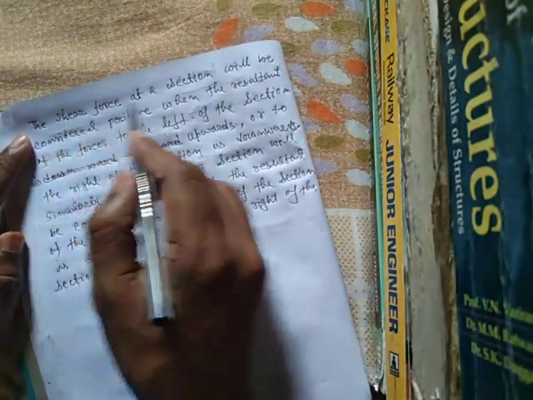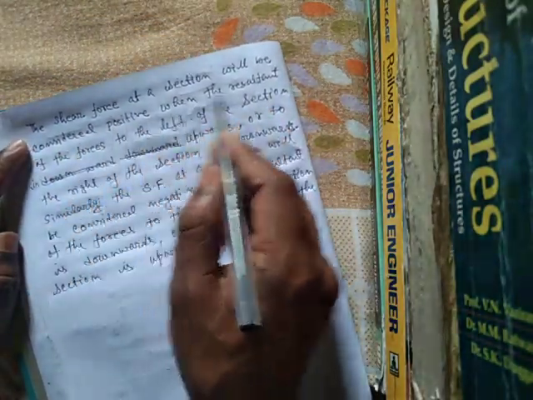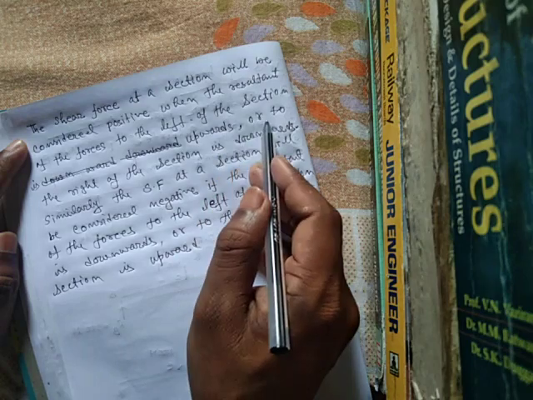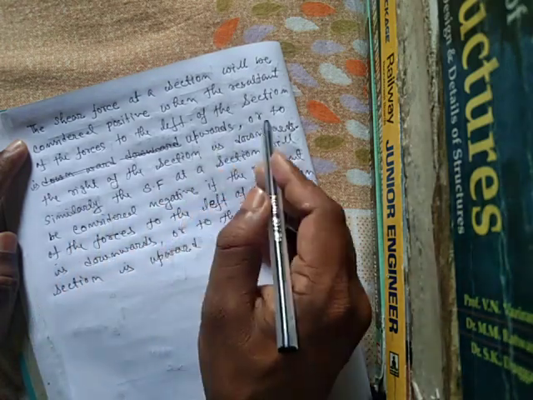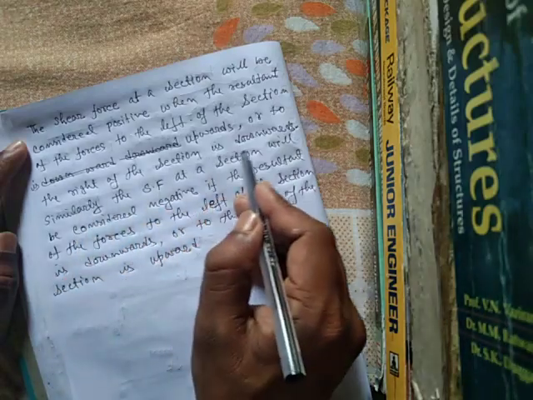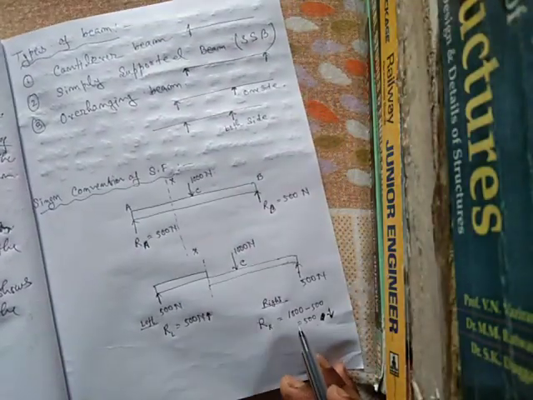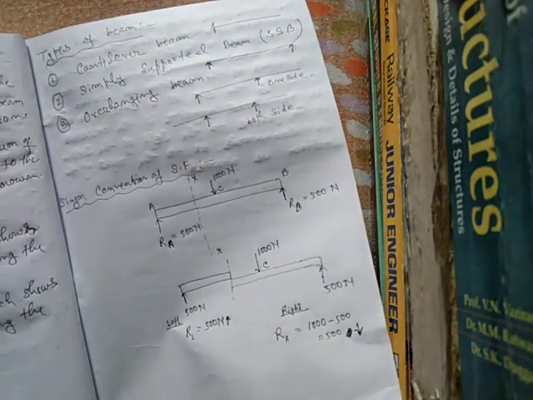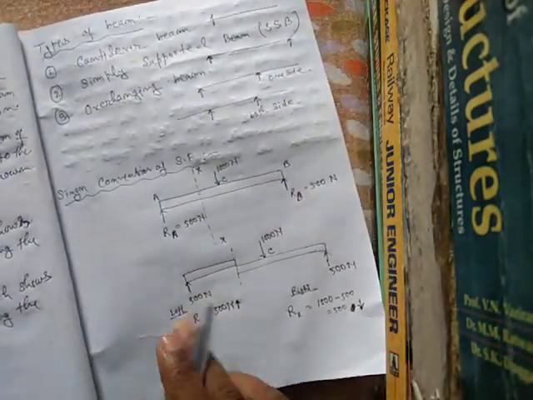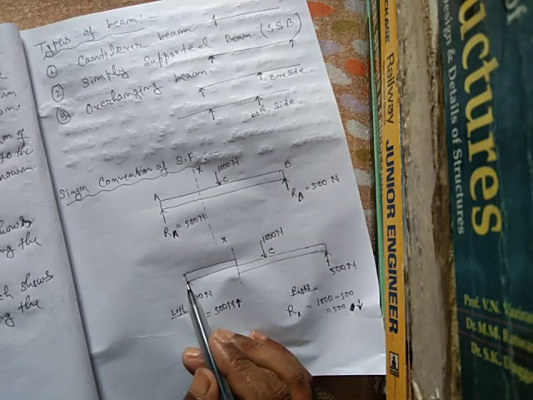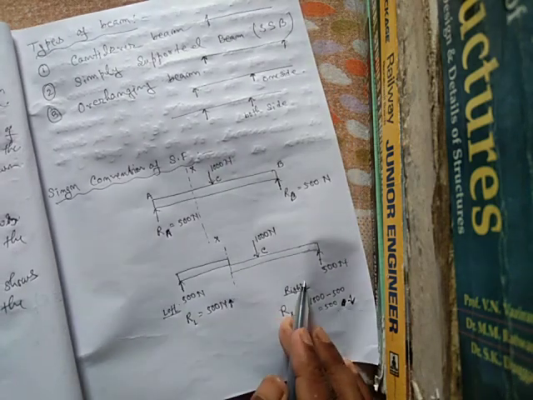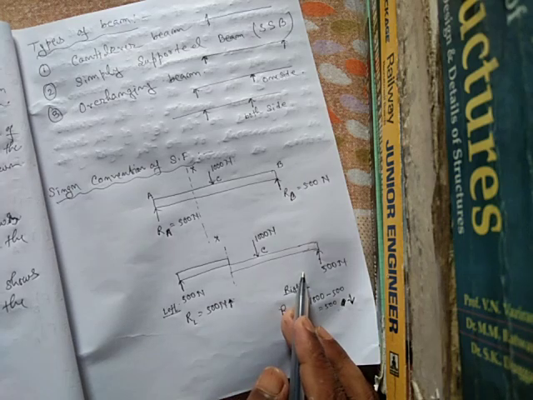Left section upward and right section downward resultant force means positive. In case of negative shear force, the resultant force will be downward at the left side section and upward at the right side section.